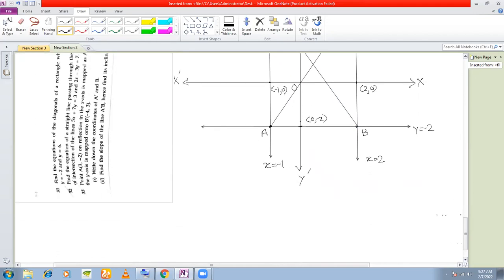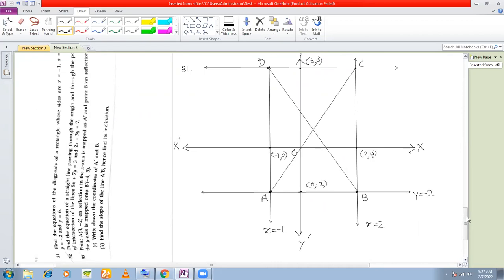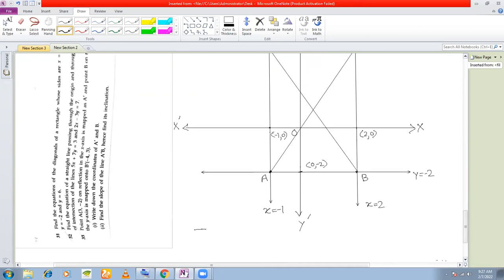Now see, the point A. The vertex A of the rectangle ABCD is the point of intersection of which two lines?